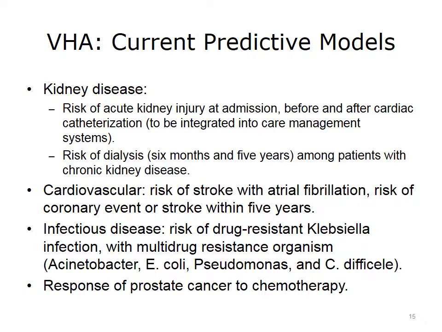Infectious diseases, such as the risk of drug-resistant Klebsiella infection with multi-drug resistance organisms such as Acinetobacter, E. coli, Pseudomonas, and Clostridium difficile, and models to predict the response of prostate cancer to chemotherapy. Note that some of these risk models could be considered quasi-population health and clinical care predictive models.